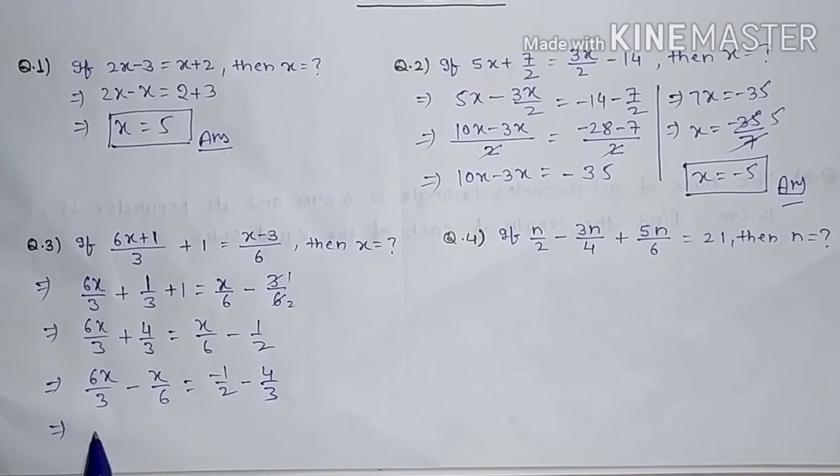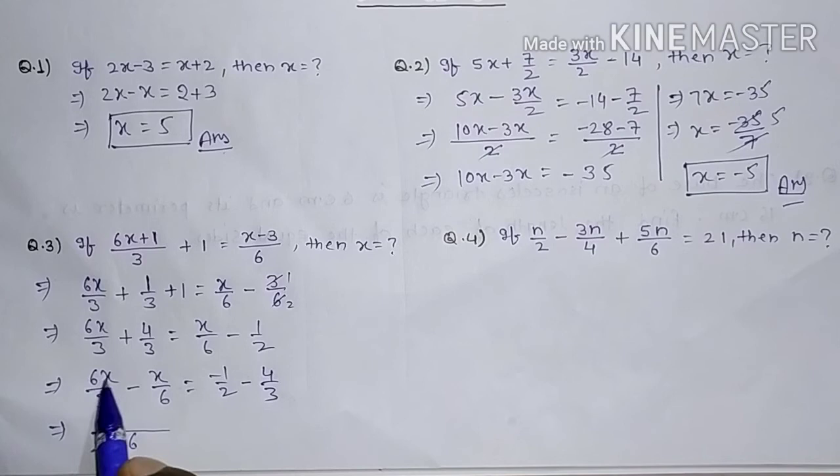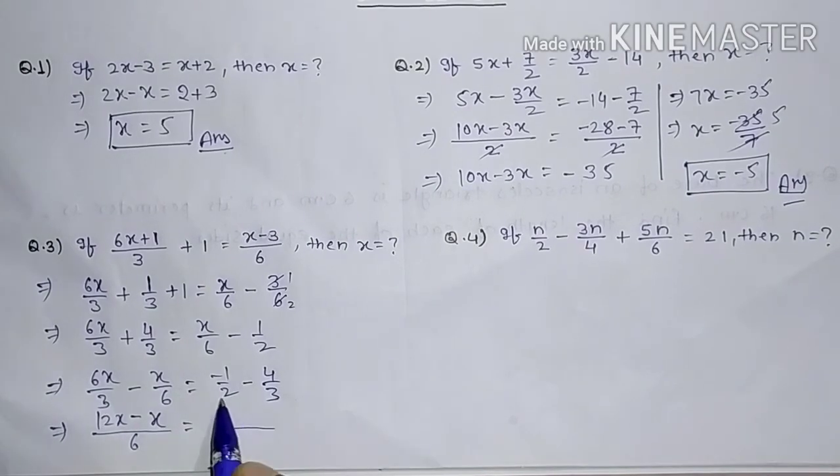Take LCM, that is LCM of 3 and 6 is 6. Just simplify it. 3 2s are 6, 2 6s are 12x. Minus x by 6, this is x equals, take LCM, LCM of 2 and 3 is 6. So this is minus 3 and this is 3 2s are 6, 2 4s are 8. That's it.